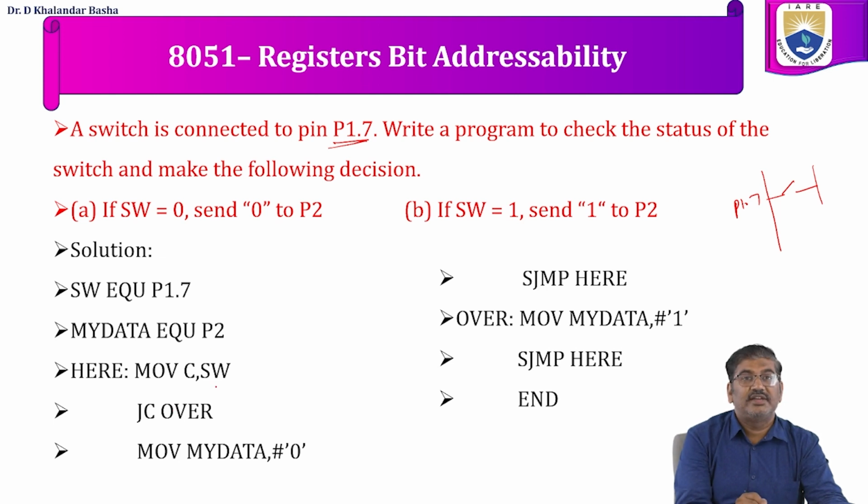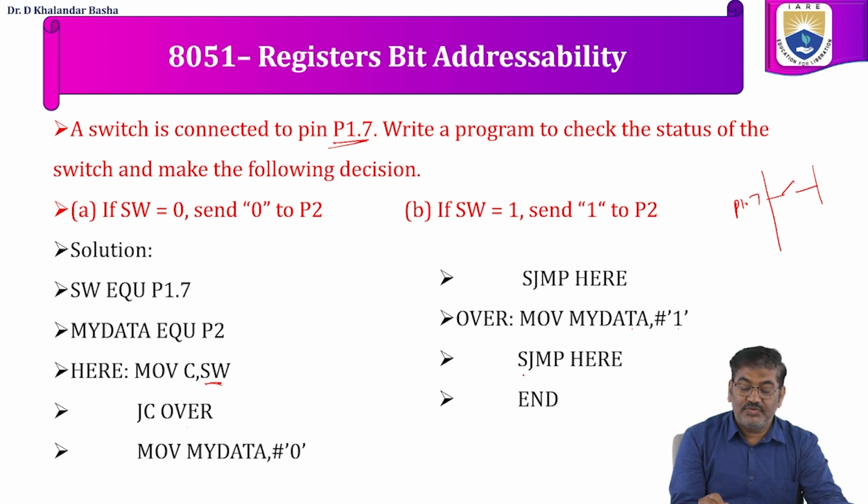First we have to read the switch position. For that we write MOV C, SW. This will read the switch position. If the switch is equal to 1, then we have to send 1 to port 2. So if carry is equal to 1, then control will be transferred to the label OVER, where 1 will be moved to port 2, which is pointed to by MYDATA.